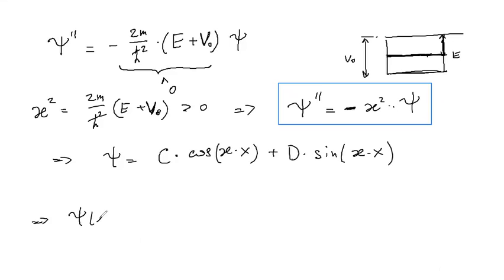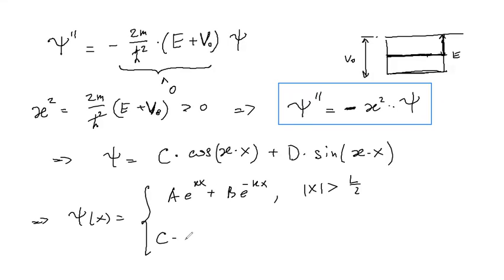My wave function would be equal to two different functions, outside for x greater than L over 2, and inside. This is a solution of the Schrödinger equation.